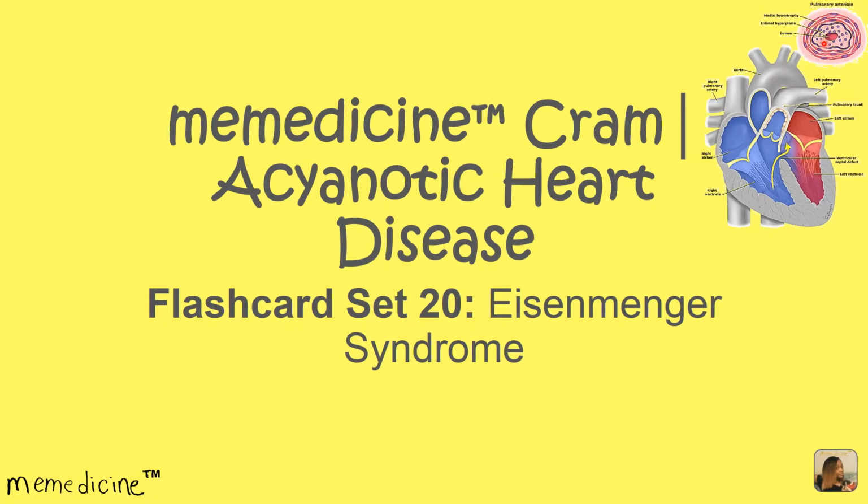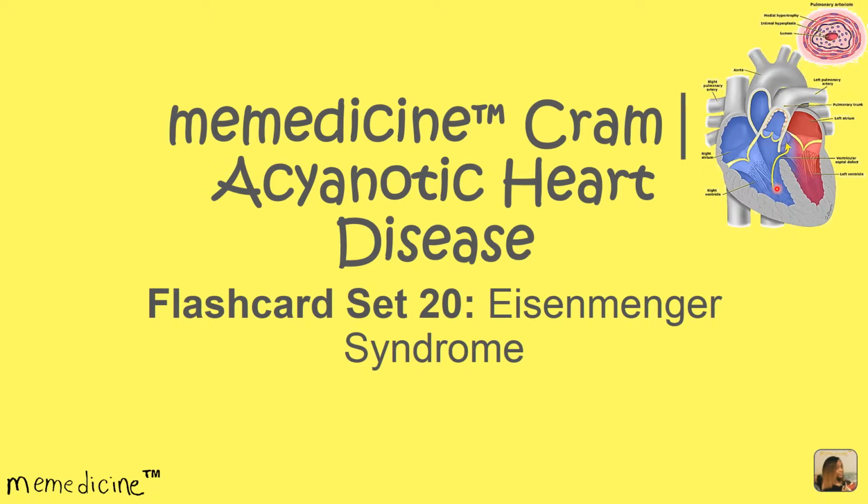So again, Eisenmenger syndrome is a condition that includes cyanosis, pulmonary hypertension, that's high pressure in the blood vessels of the lungs, and erythrocytosis, an increased number of red blood cells due to decreased oxygen in the blood, okay?